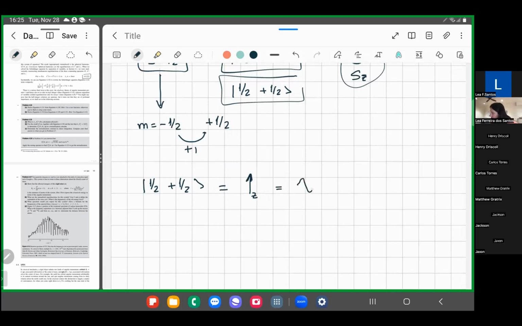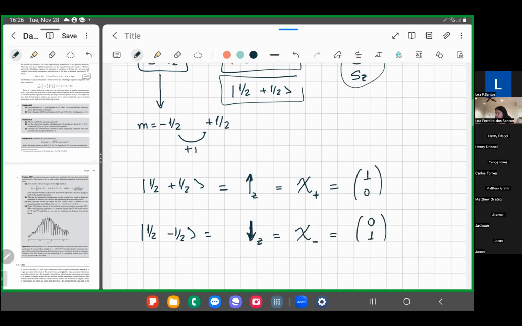This is chi, a Greek letter called chi. The chi plus, which indicates this spin pointing up, is the vector (1, 0). The other state, the half with M being minus half, means a spin that is pointing down in the Z direction. I call this state chi minus, which is the vector (0, 1).